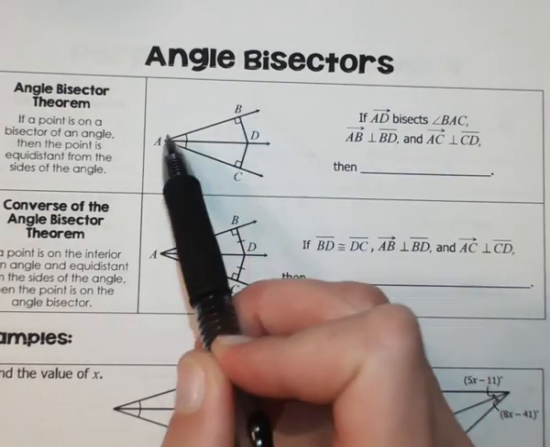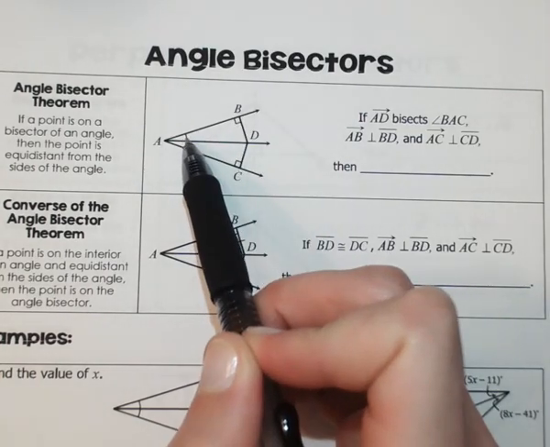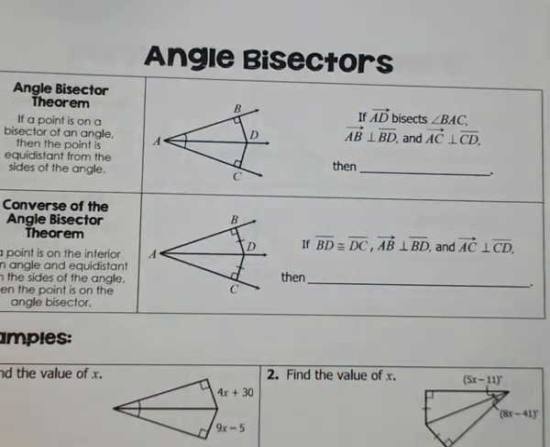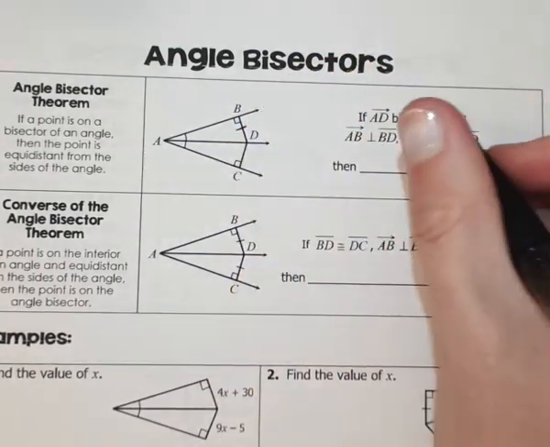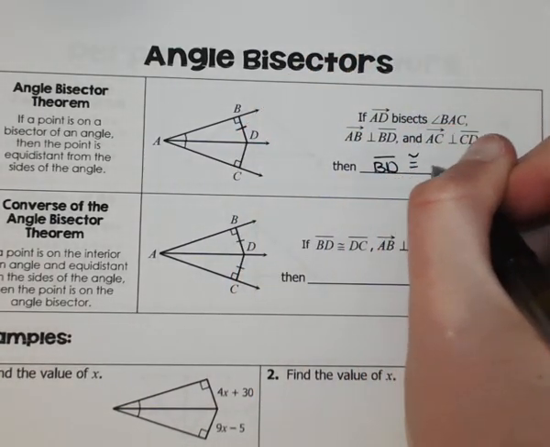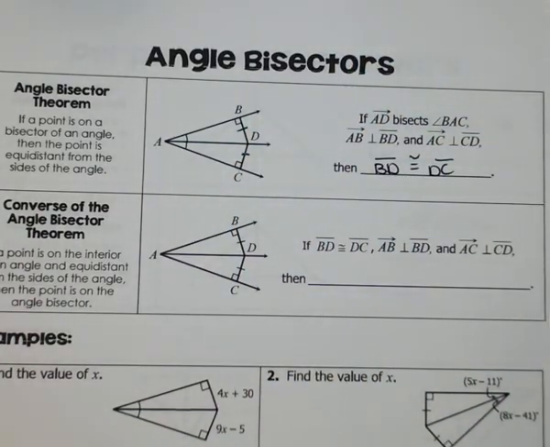So if angle BAD, this top angle, let's say it's 20 degrees, then angle CAD also has to be 20 degrees. The last thing this theorem tells us is that segment BD is congruent to segment DC. Those two top segments.